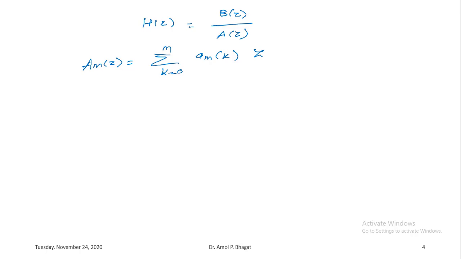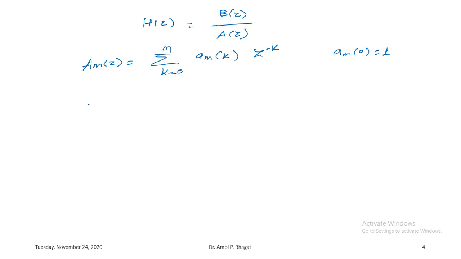First we have H of z. H of z is B of z upon A of z, and A of z is nothing but Am of z, and it has the form summation k equals 0 to n of Am of k z to the power minus k, where Am of 0 is equal to 1.